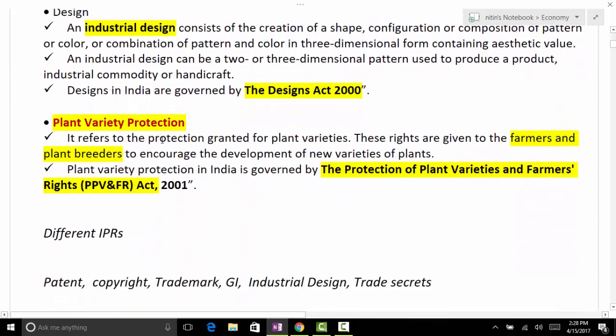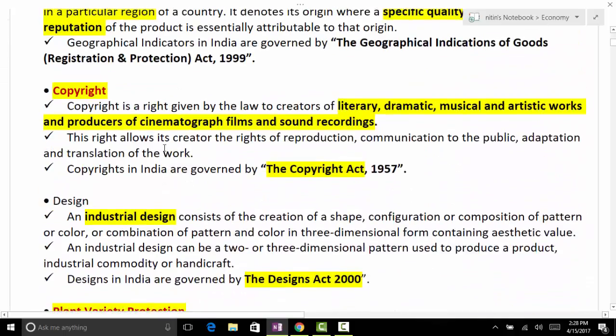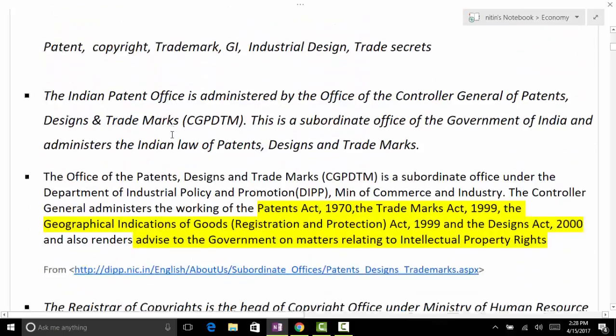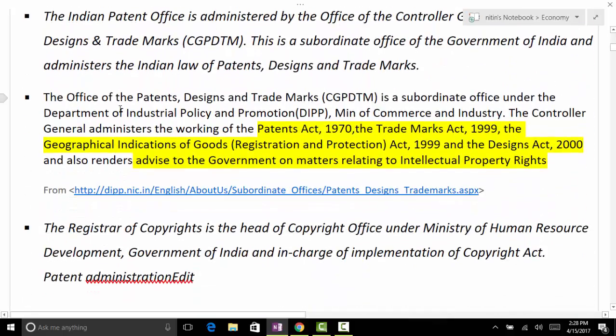Those are mentioned here, and under what acts they are listed. Then it is mentioned here: Office of Patents, Designs and Trademarks, under DIPP, Ministry of Commerce. It manages all these acts. You can see the Patents Act, Trademarks Act, GI, designs, and it advises the government on matters relating to IPR.